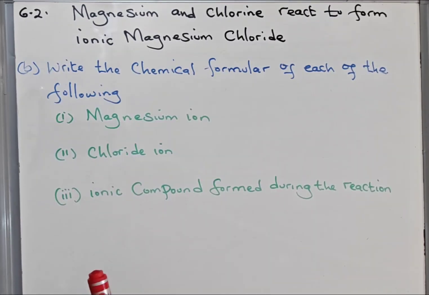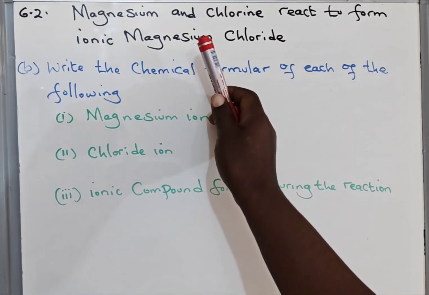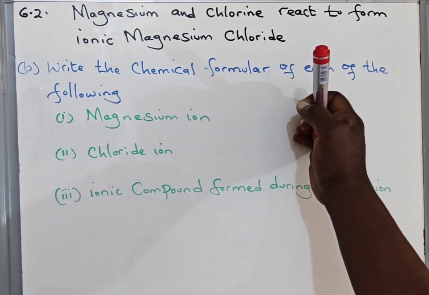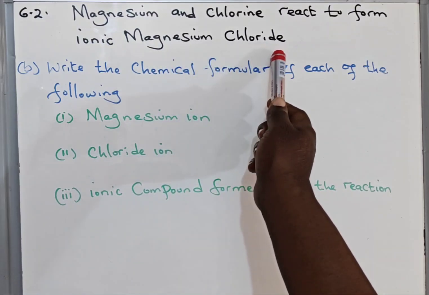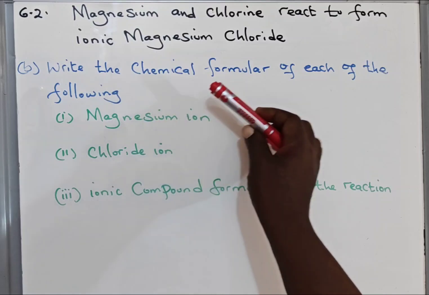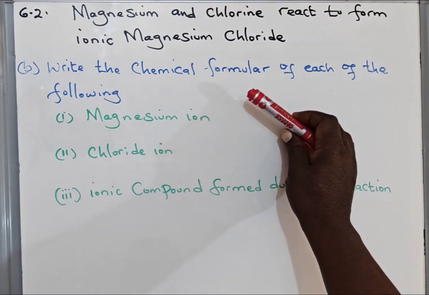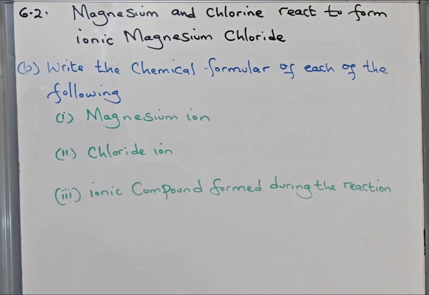Then we come to this question. It says that magnesium and chlorine react to form ionic magnesium chloride, and they say write the chemical formula of each of the following. The first one is magnesium ion.